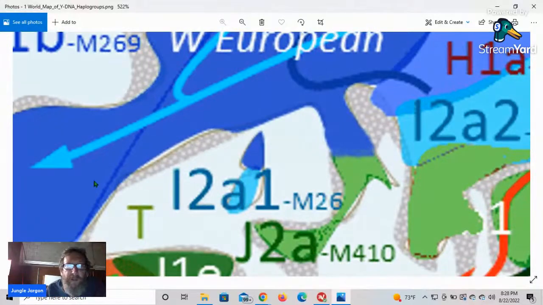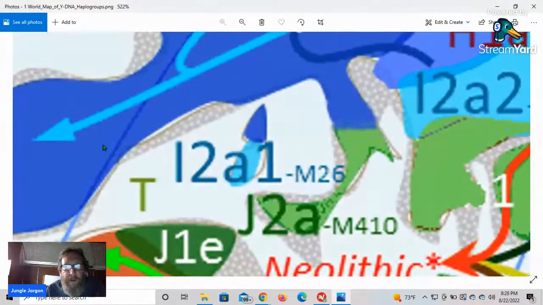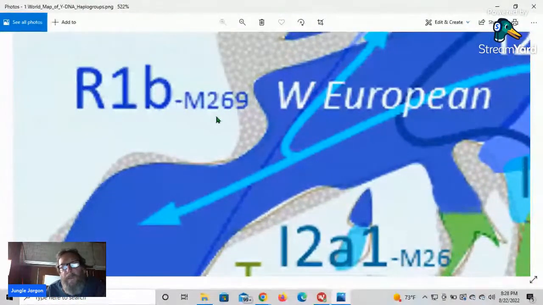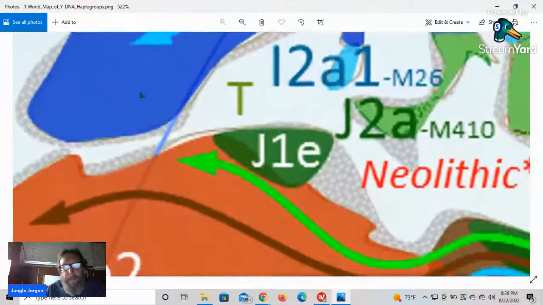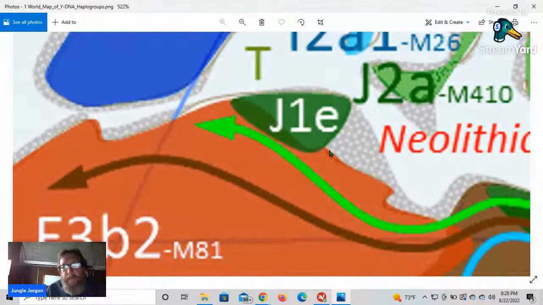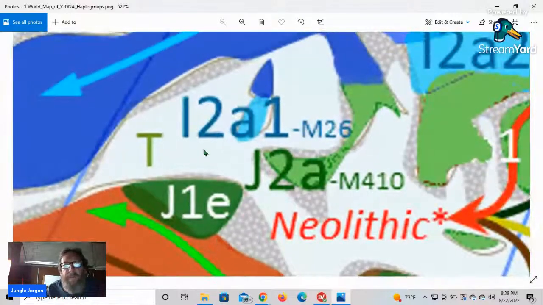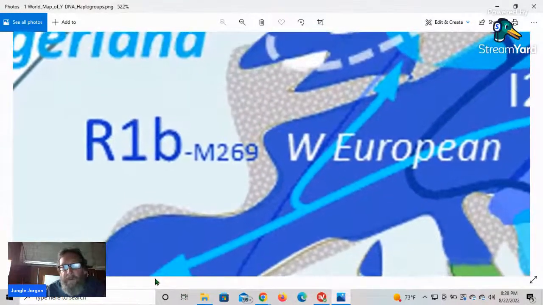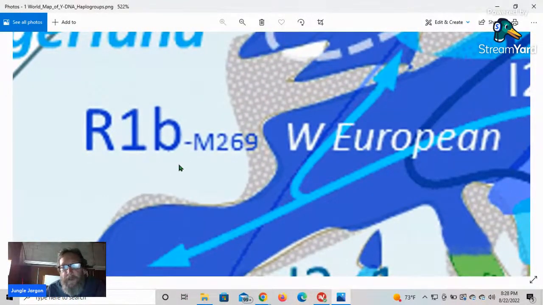Sephardic Jews, on the other hand, have a population of R1B in their population because they're in Southern Europe and North Africa. So that stands to reason that they would have the R1B in their population as a majority. I mean, not the majority, but the second majority, or, I guess it's second majority.